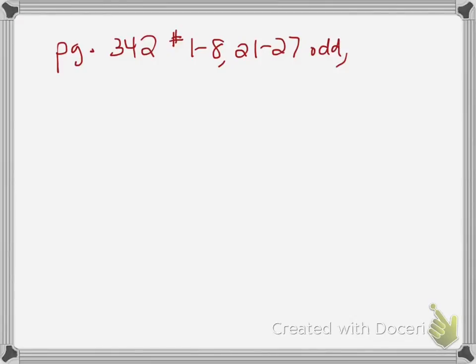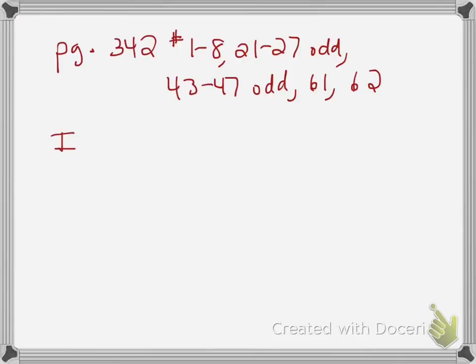All right, so what you're going to be doing for homework, this is already assigned up on Schoology, but on page 342, not 343, on page 342, you're going to look at number 1 through 8, 21 through 27 odd, 43 through 47 odd, and then 61 and 62.